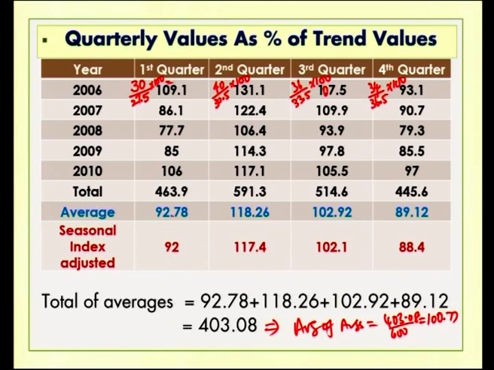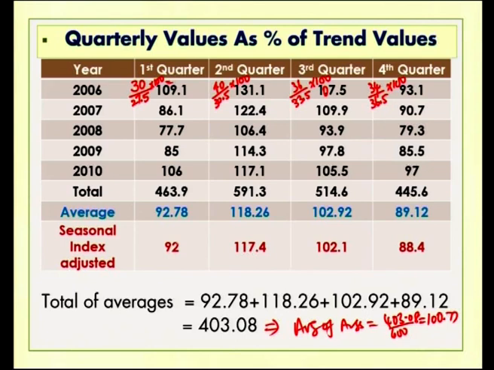Otherwise, this is the answer: 92.78, 118.26, 102.92, 89.12. Since the total comes to 403.08, it has to be adjusted. Therefore, dividing by 400 you get 100.77, and the adjusted value is 92.78 by 100.77 into 100, which gives you 92.